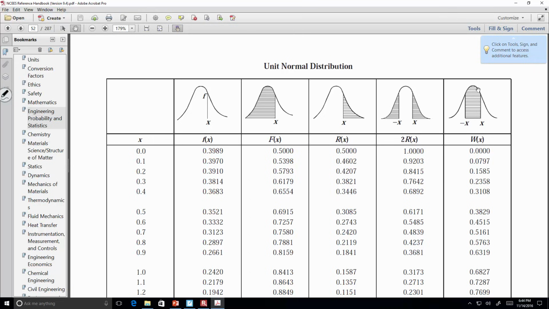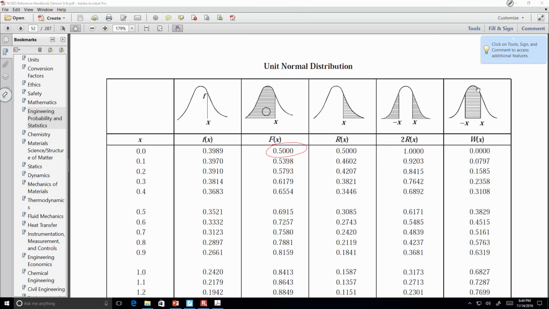F of x is the area of the curve from all the way from negative infinity to some value of x. It starts right here with an x of 0 and then moves out. So your first observation is 1/2.